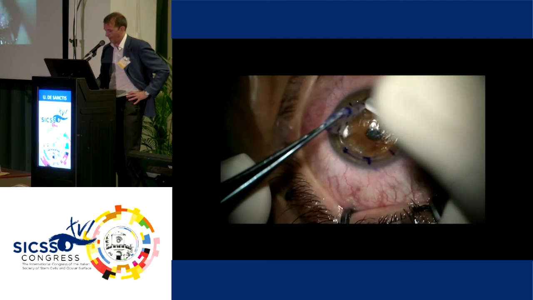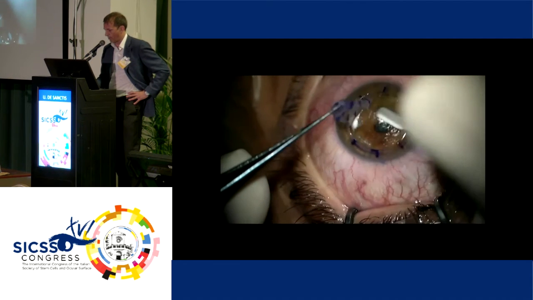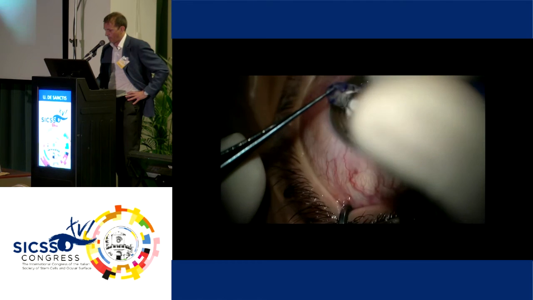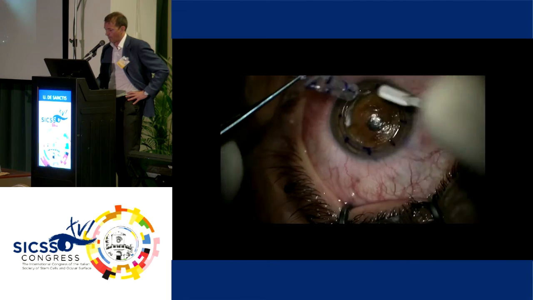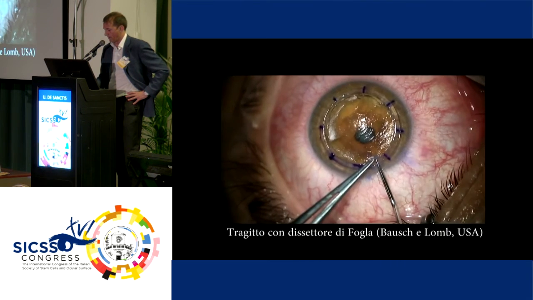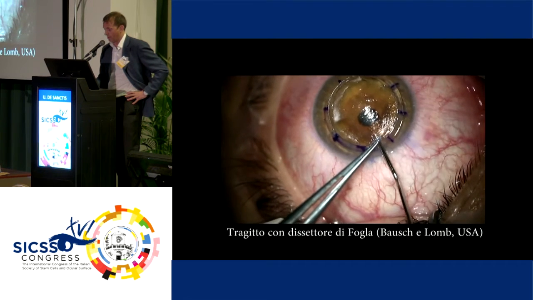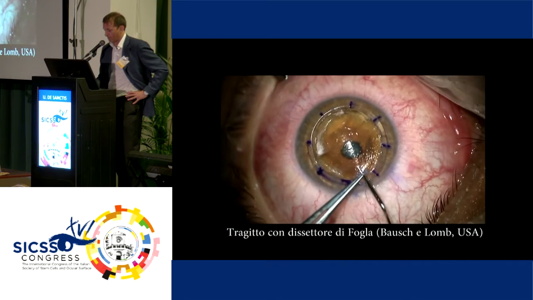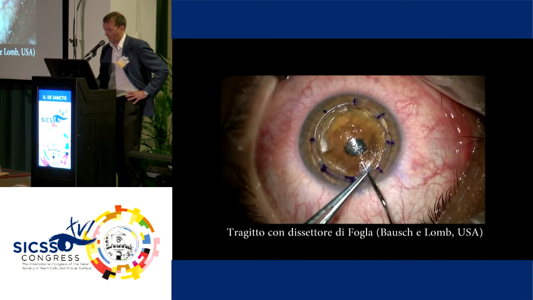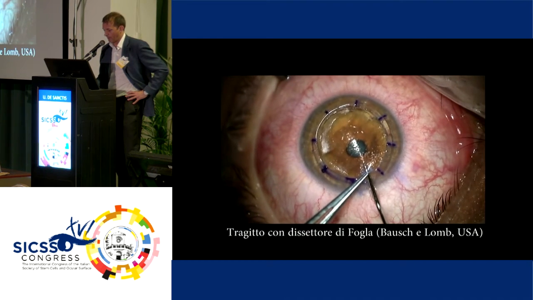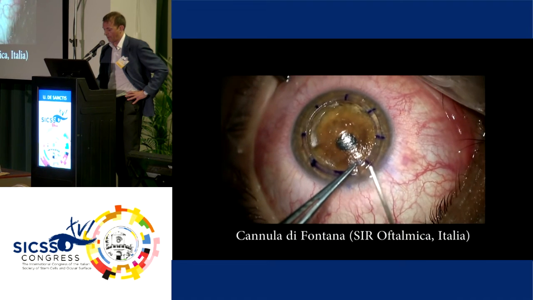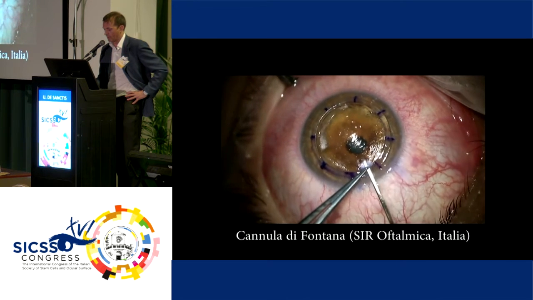After finishing the anterior keratectomy with the pressure knife, we use an ad hoc dissector designed by Fogla. You enter the deep stroma. This path is then used to introduce the cannula and inject air.